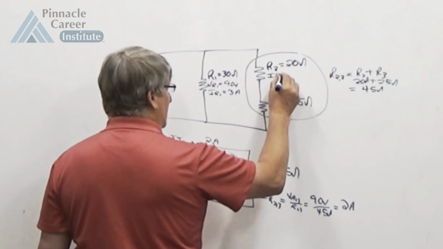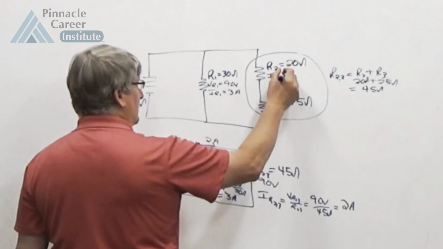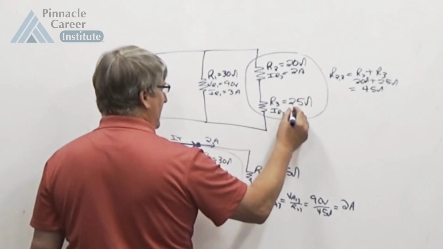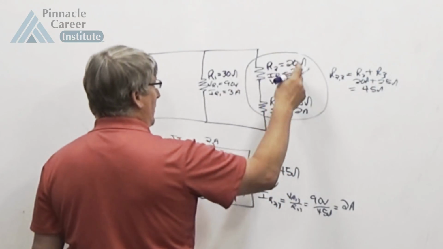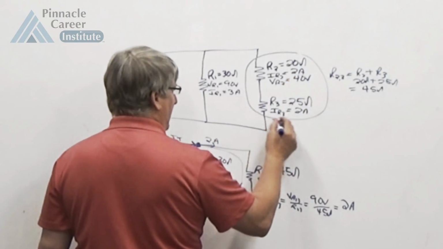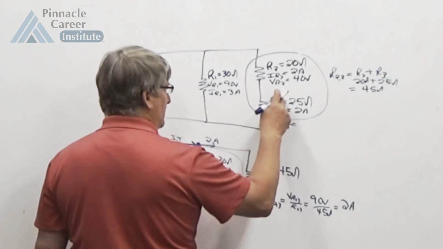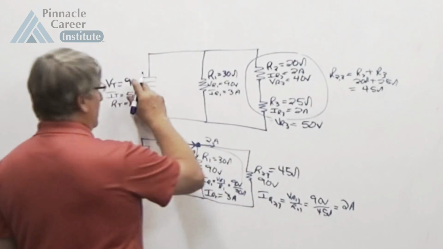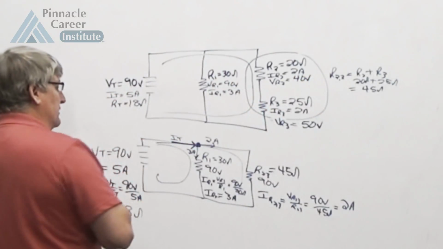So IR2, because the current going through R23 was 2 amps, and that's series, which means current's the same, so I got 2 amps there, I got IR3 equals 2 amps there, so VR2 is equal to I times R, which is 2 times 20, which is 40 volts, and VR3 is I times R, which is 2 times 25, which is 50 volts, and 90 volts in a loop, minus 40 volts, minus 50 volts is 0.